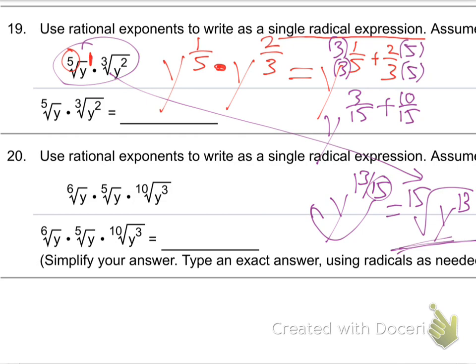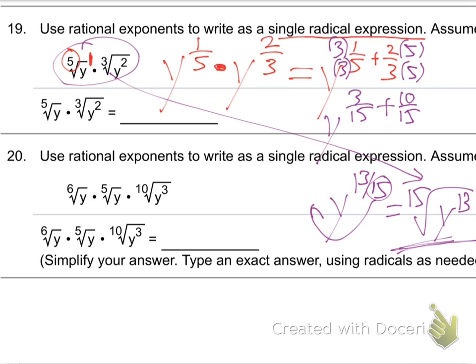Can you do the same thing on number 20? So number 20, those are all denominators, aren't they? 1/6, 1/5, 3/10. Right? Those hook numbers become denominators, and then add those up. And what's the common denominator going to be for 5, 6, and 10? Third.